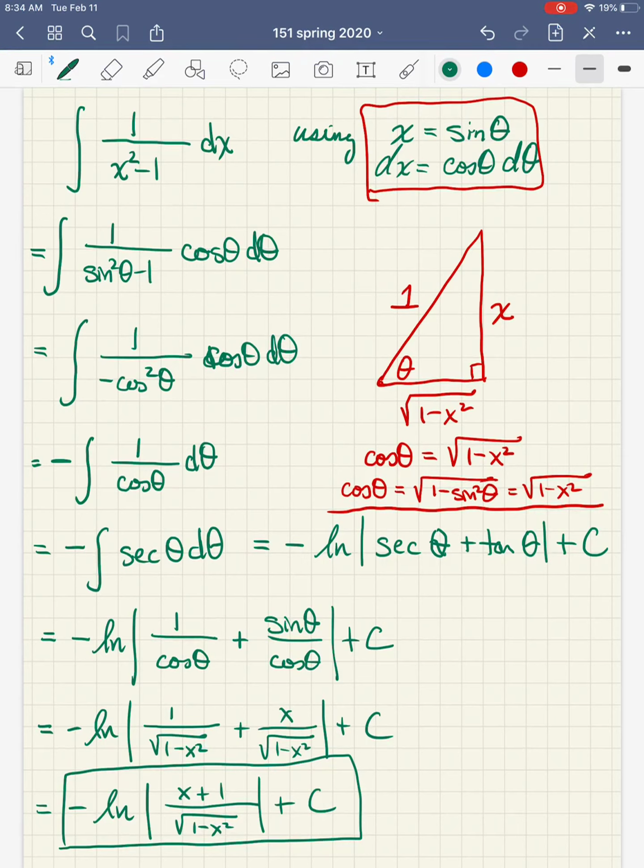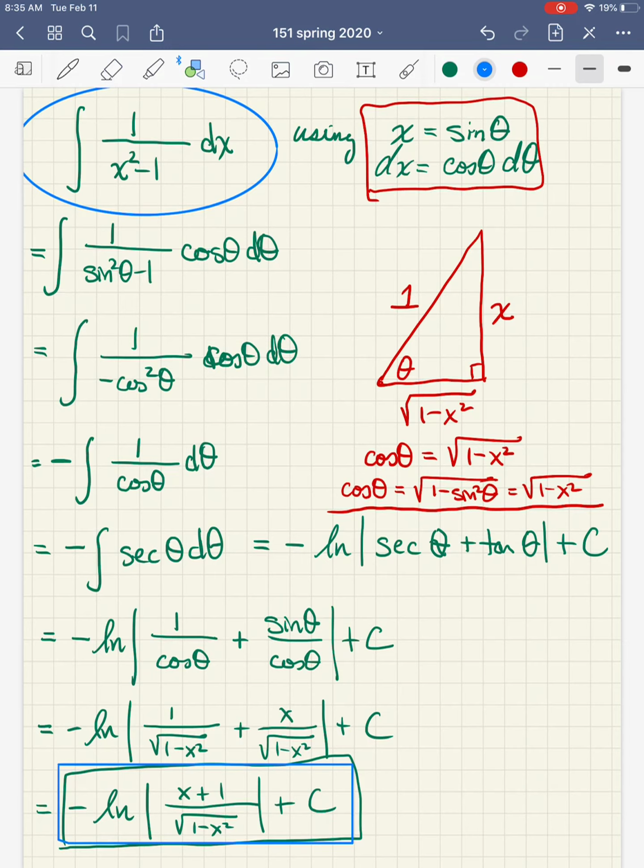And so I just want to draw a blue box around both our answer and our original equation. So the integral of 1 over x squared minus 1, apparently we've just worked it out and gotten this negative log expression here.